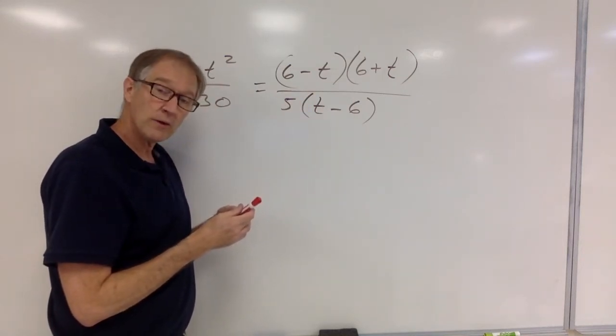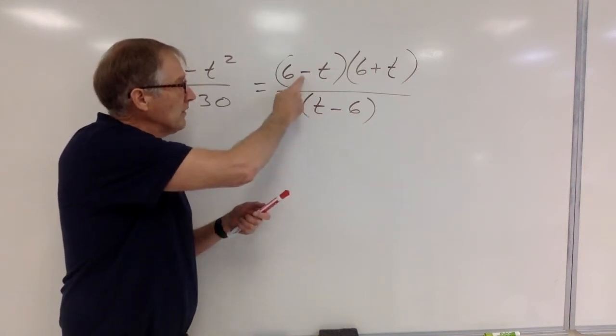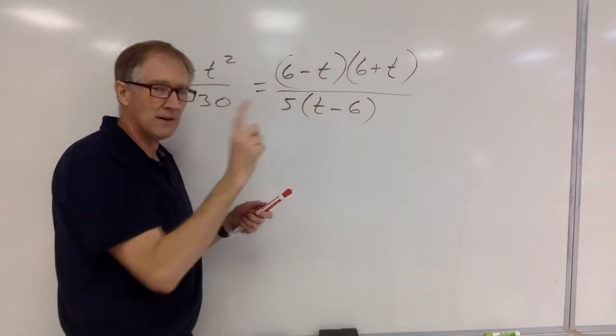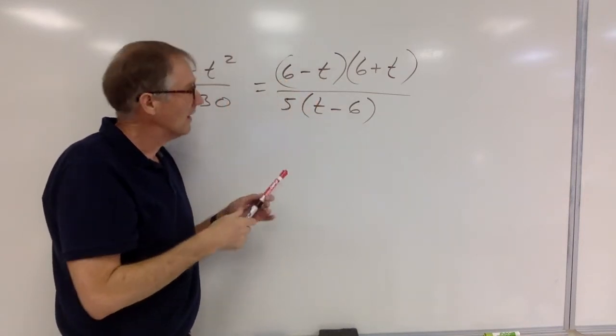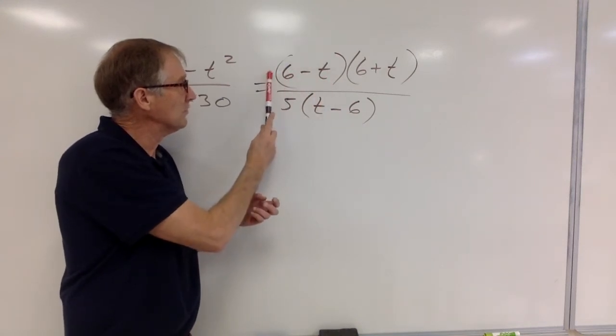Well, there is something we can do. On either the numerator or denominator, I'm going to go in the numerator. I can factor out a negative sign. This is tricky. I can factor out a negative sign from just this term and put it on the outside.